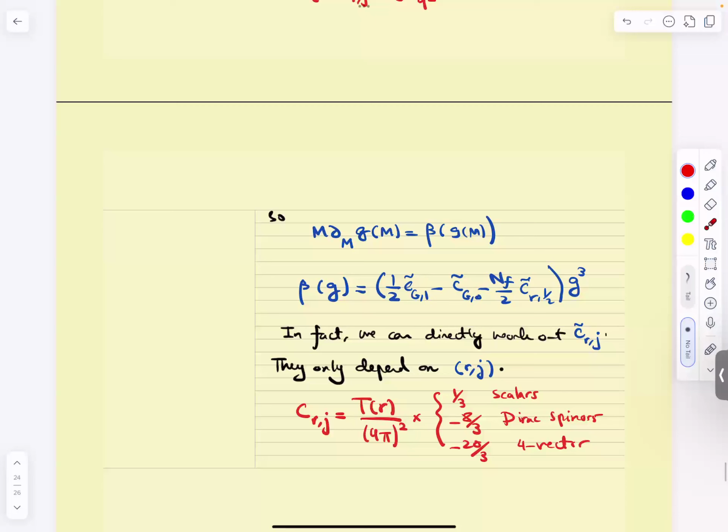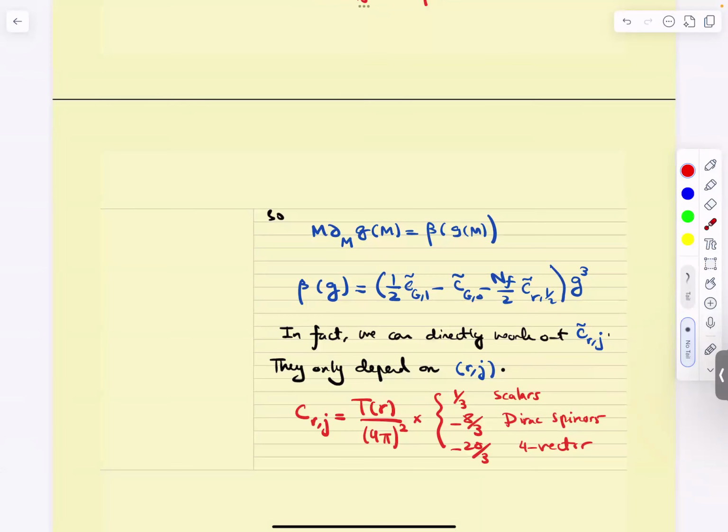C tilde G1, C tilde G0, and C tilde R half. This is the contribution of fermions to the beta function. This is the contribution of the ghost and anti-ghost, and this is the contribution of the gauge boson. All we need to work out are the C tildes. But C tildes were all kinematics. They're just about what kind of matter, of what spin, and what gauge group representation you have. And here's the answer for it.